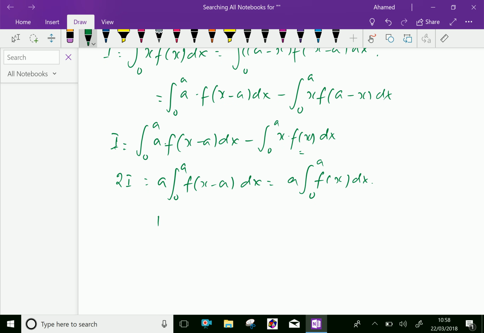Therefore I, the required integral, is half of a, that is a by 2 integral 0 to a f of x dx.